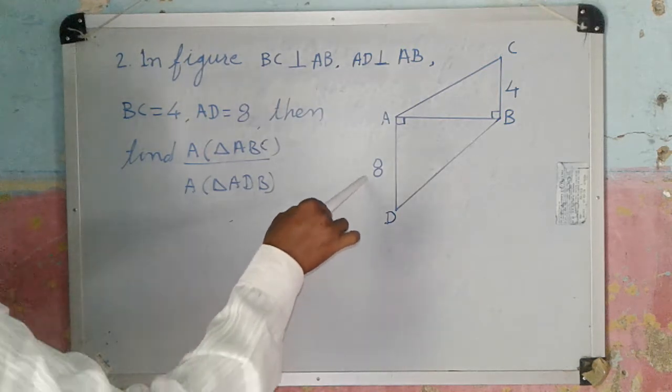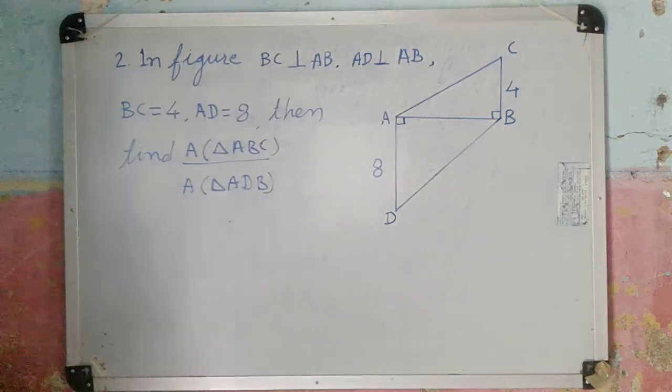So here we have to use the property of triangles having equal base, and that property is areas of triangles with equal bases are proportional to their corresponding heights.